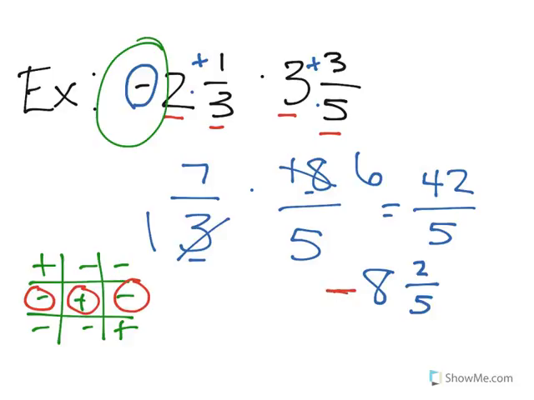Or always think about this: if you have a negative sign, it always overpowers that positive. So a negative times a positive is always a negative. The only case that is different is when there are 2 negatives, it turns into a positive. So you can remember that tic-tac-toe board, or just always think that negative overpowers that positive.